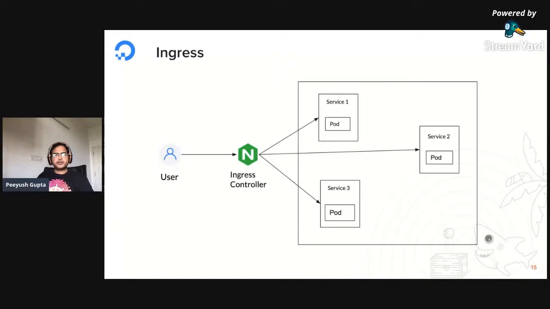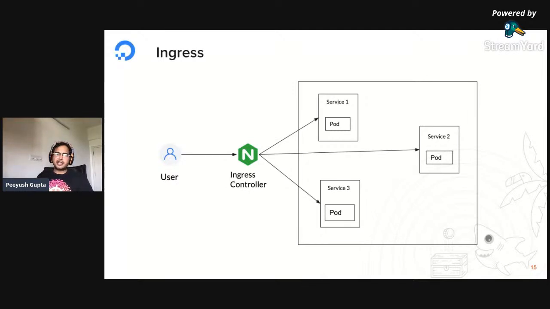You can define rules that, okay, if this request wants to go to this path, please direct it to this service, or if the request wants to go to this particular domain or this particular path, you can just go to this service. That way, you also create an abstraction on top of services, at least for the external users.